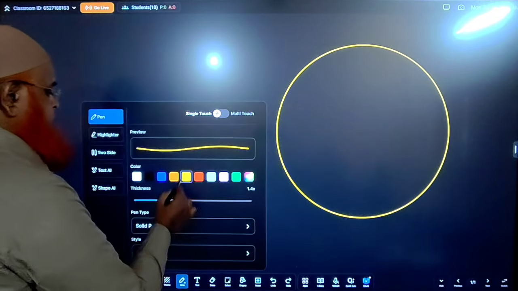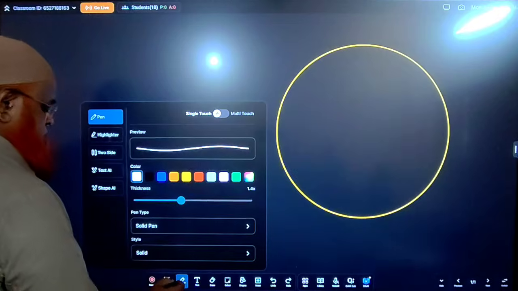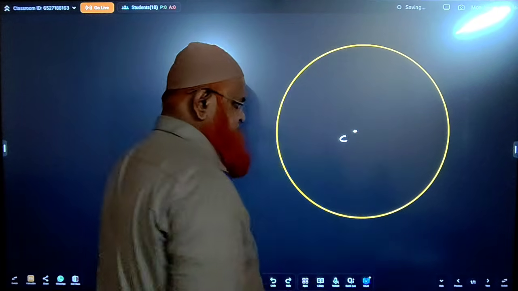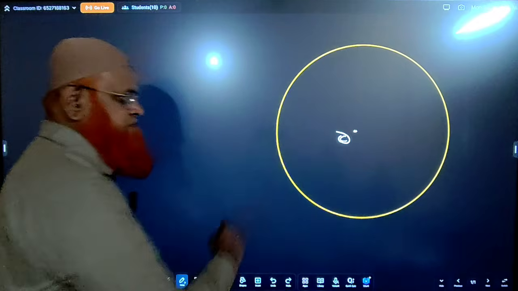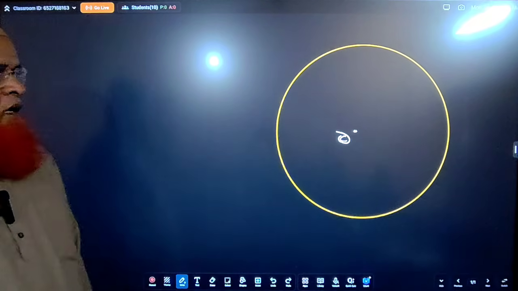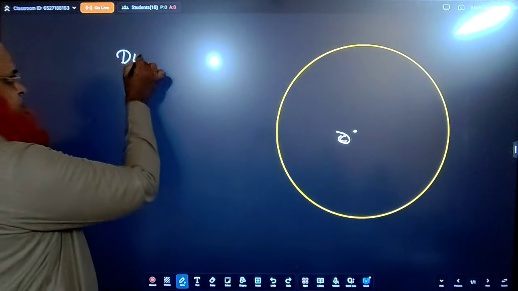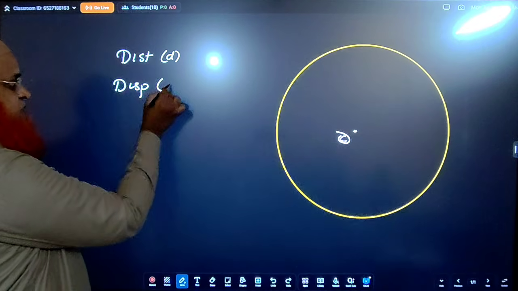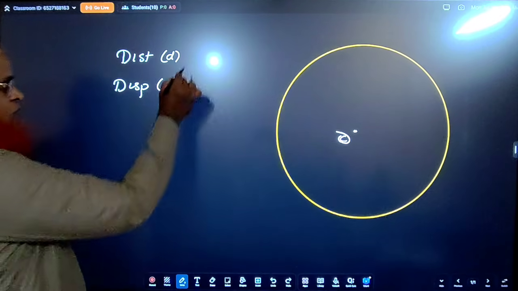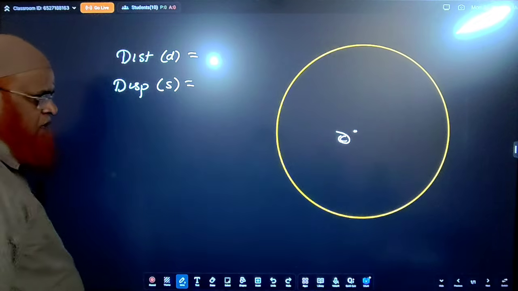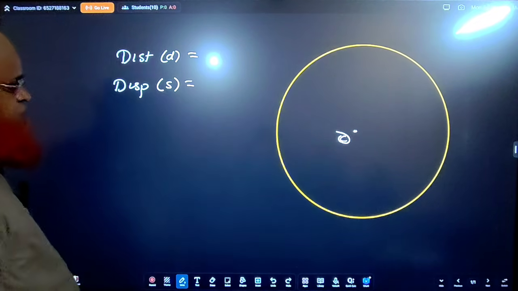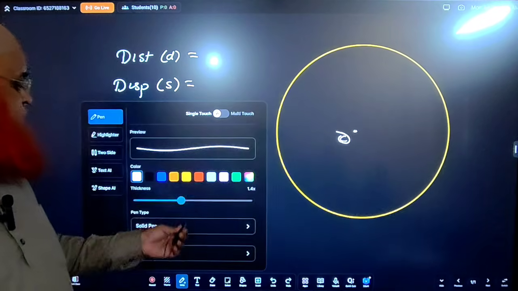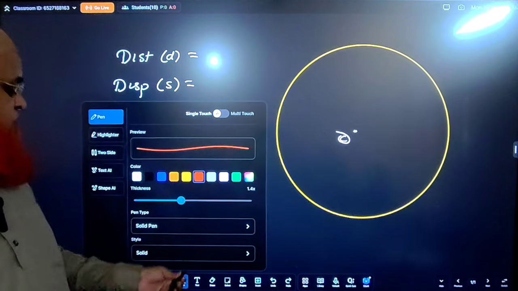I have taken a circle, a circle of center C or center O, whatever it may be. You have to find out the distance, small d, and the displacement, s. How do we find these two for four different cases? What are the four different cases?